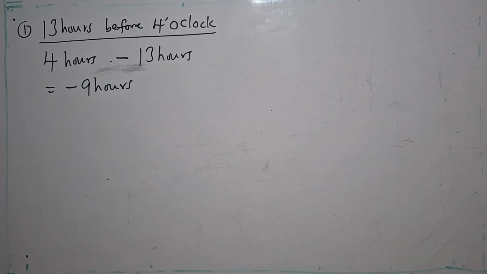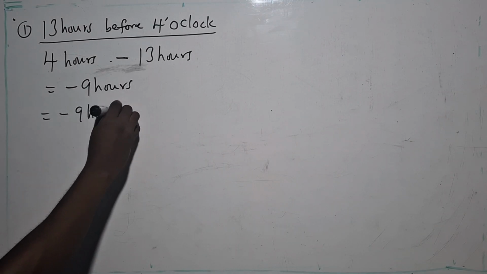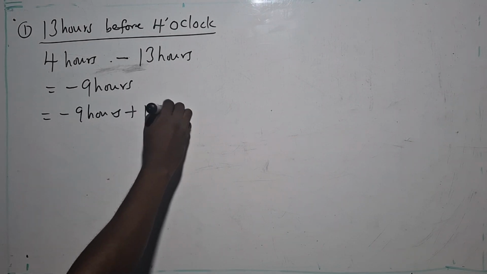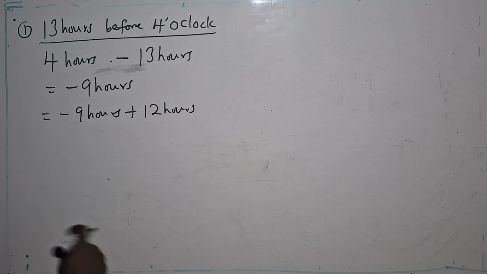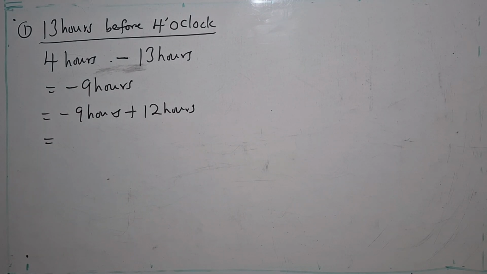And I've told you we don't need negative answers when you're working with mode. Our guide is still the 12 hour, so it's like working in mode 12. So we have to add continuously to get a number that is lesser than the mode. So negative 9 hours plus the 12 hours gives our first positive number.